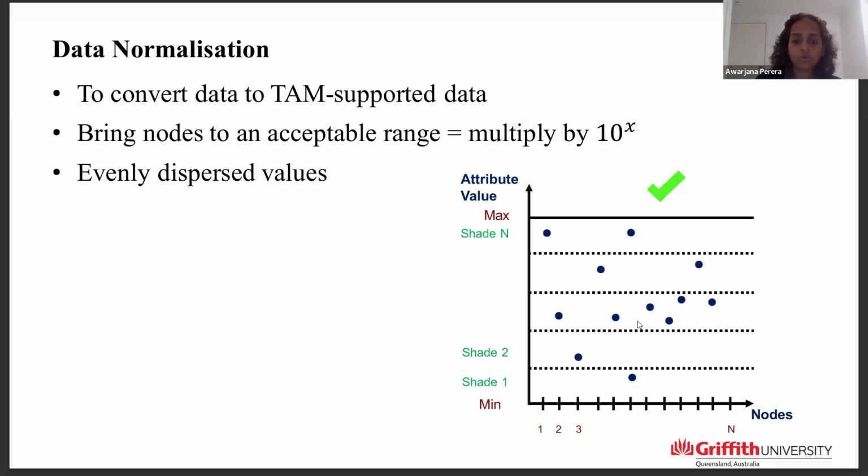Then this whole range is broken down into similar chunks, and each chunk is assigned a color shade. So if we don't have our values evenly distributed within a specific range, it will be very difficult to generate colors, and it's very likely that we could only see just one color on the graph.